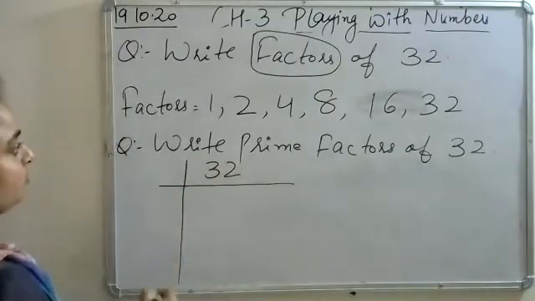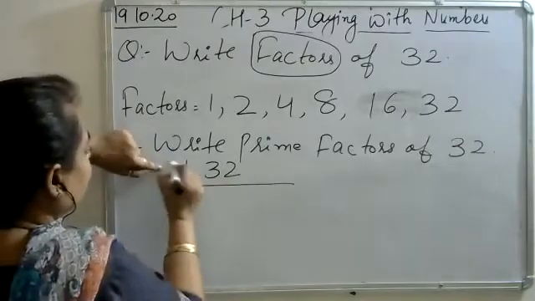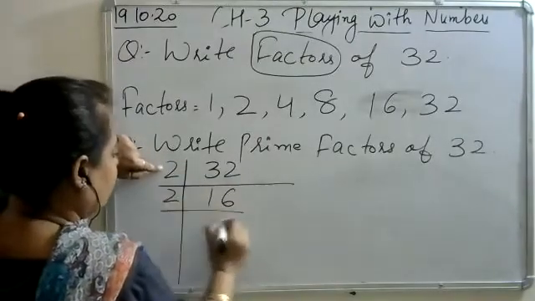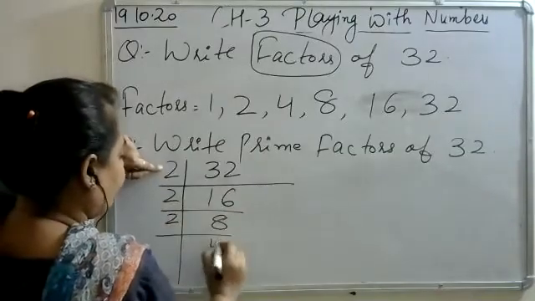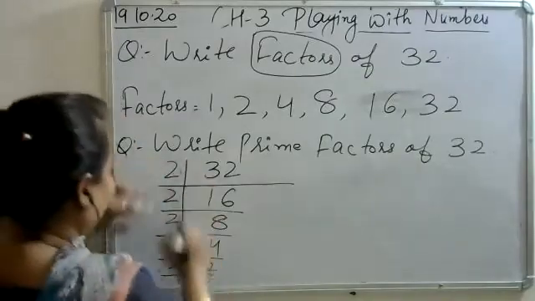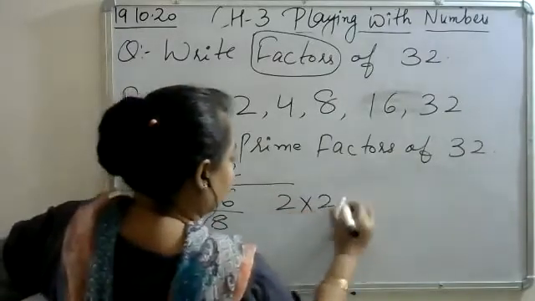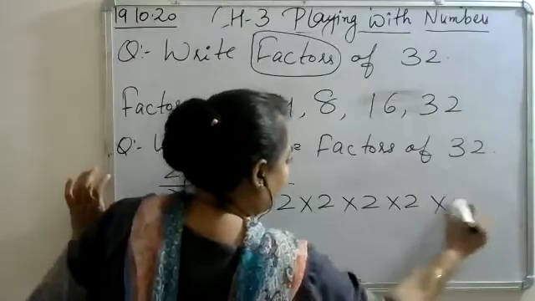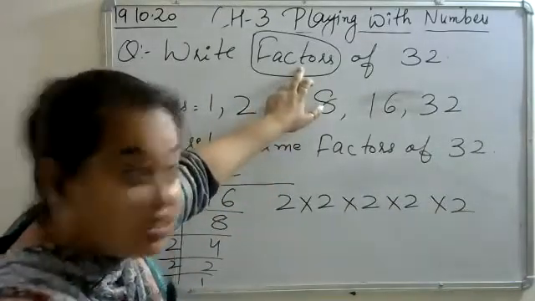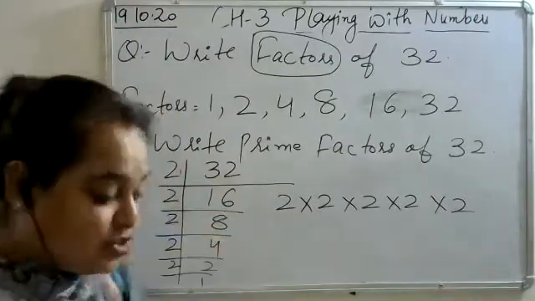So 2, 16, 2, 8, 2, 4, 2, 2, 2, 1. So the prime factors are 2 multiply 2 multiply 2 multiply 2 multiply 2. So this is the difference between simple factors and prime factorization. Note down.